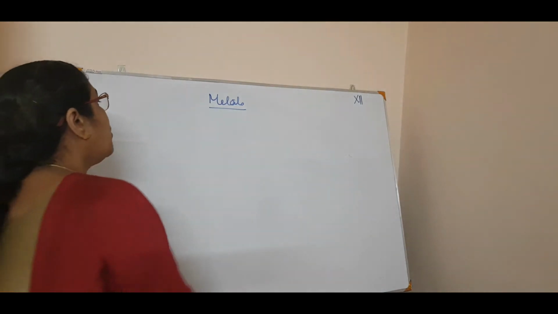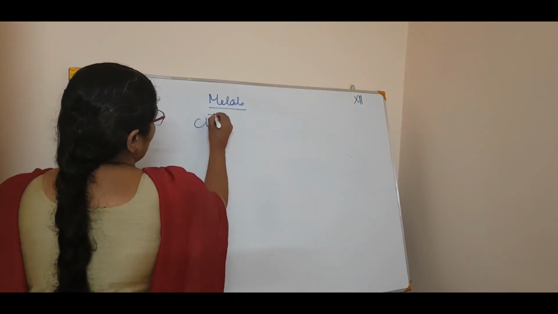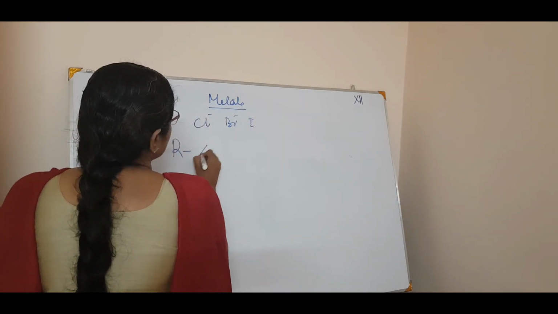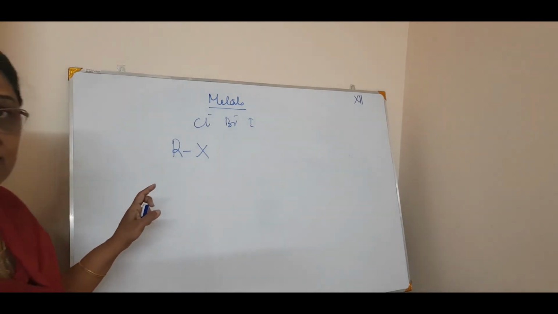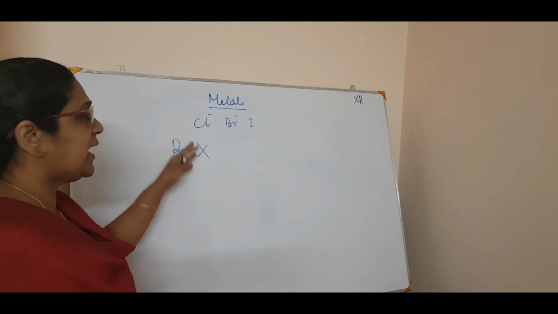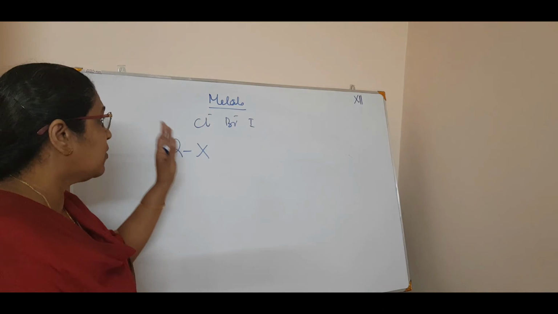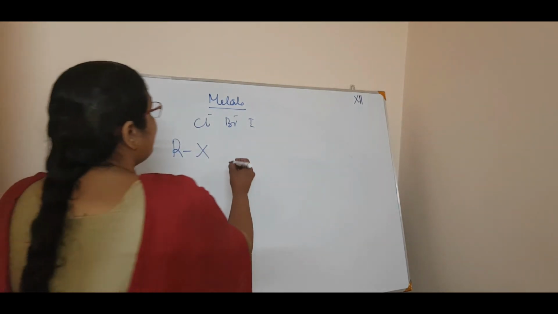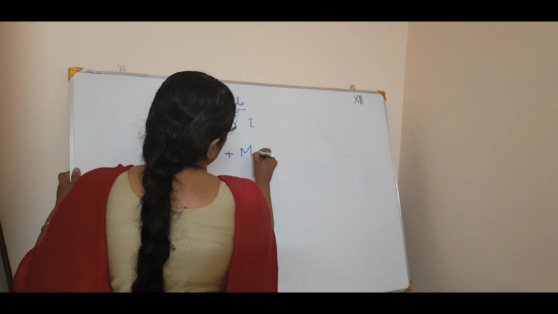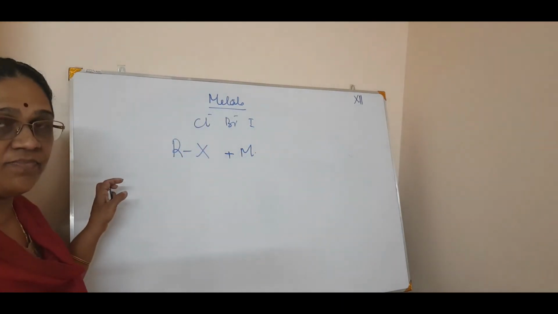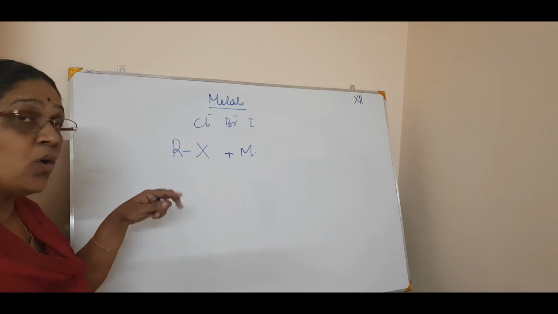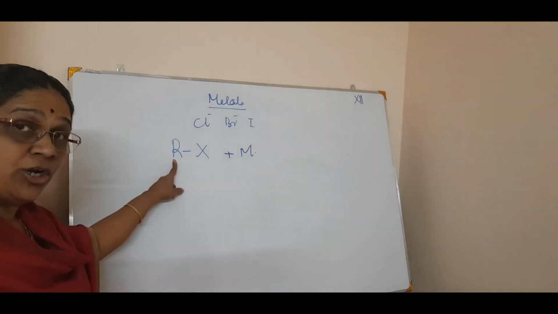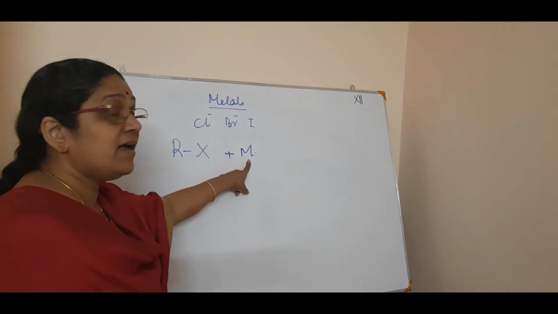Now most organic chlorides, bromides or iodides, generally written as RX, when treated with some metals, form organometallic compounds, which means there must be a bond between the carbon and the metal.